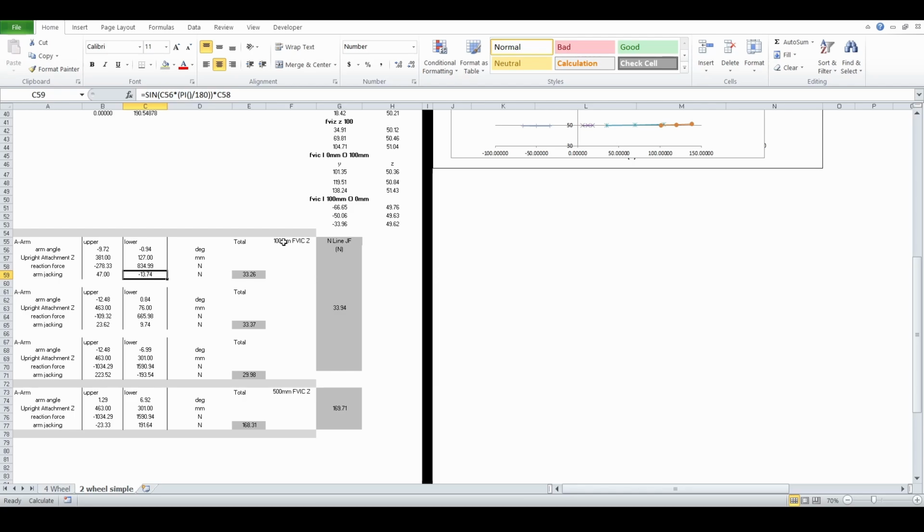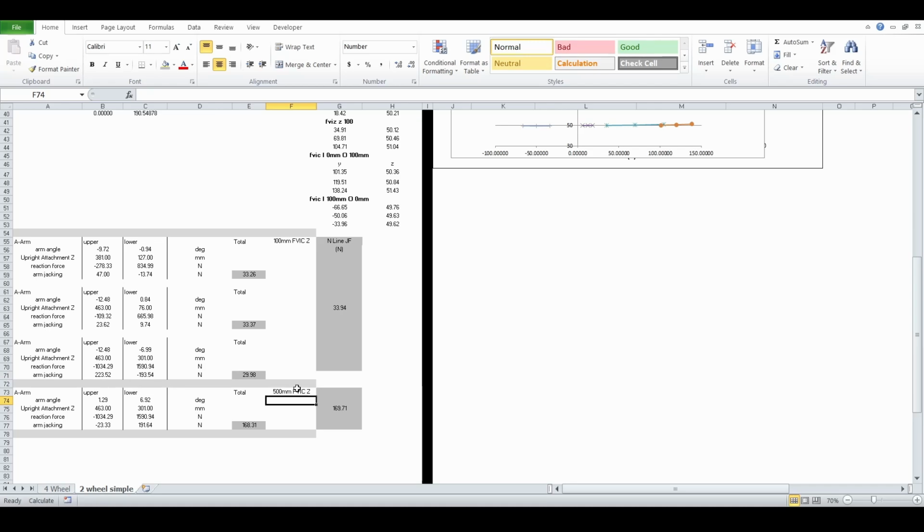And for a 100 millimeter instant center vertical Z height, I got all around 33 newtons, except for this one. It's a little bit lower, so it's 29.98. But since the end line only uses the instant center location for all of these setups, the end line calculations would all be the same, which is 33.94. So except for this one, it's all pretty close.